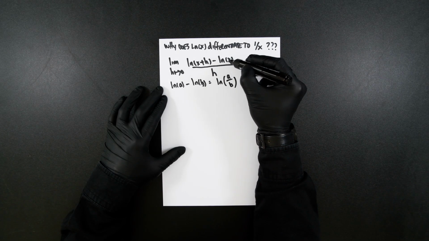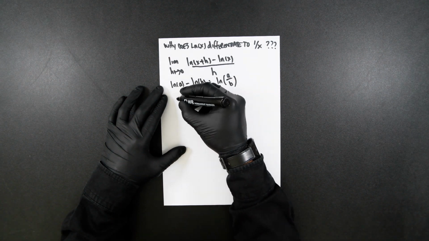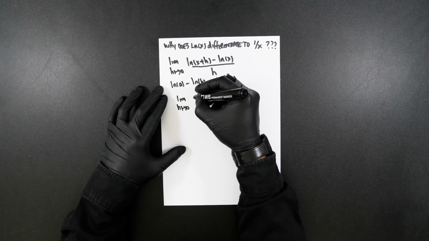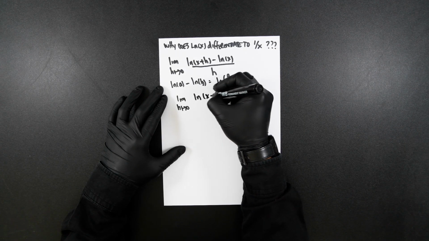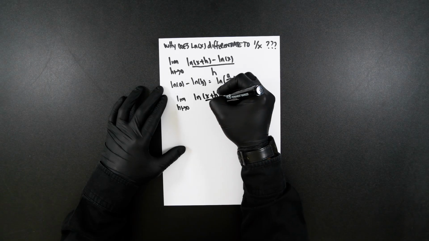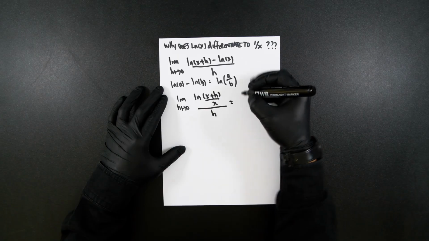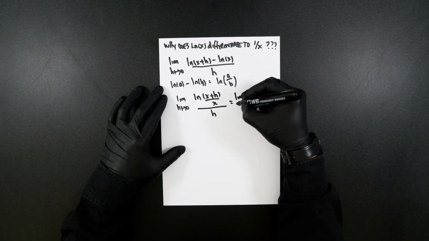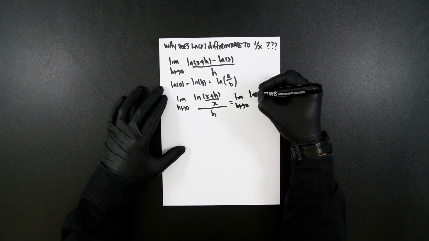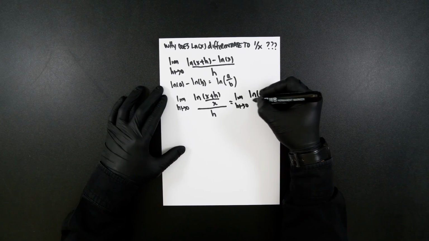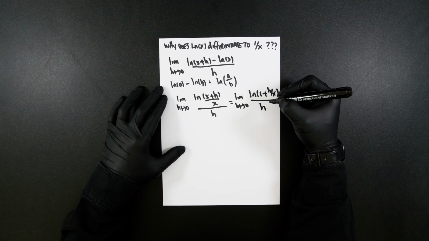This minus this would then be the limit where h goes to 0 of ln((x plus h) over x) all divided by h, which simplifies to the limit as h goes to 0 of ln(1 plus h over x) all divided by h.